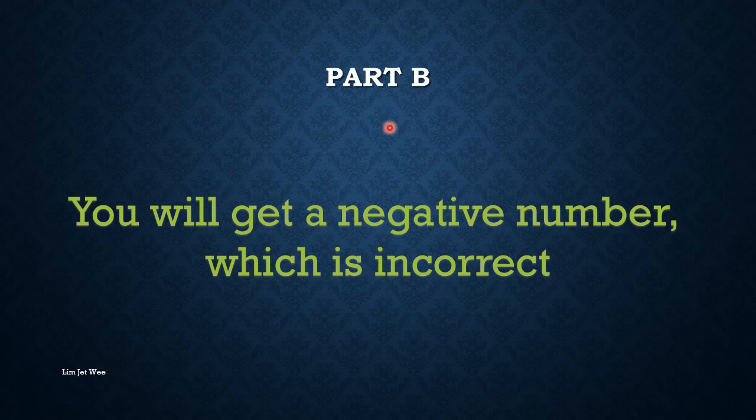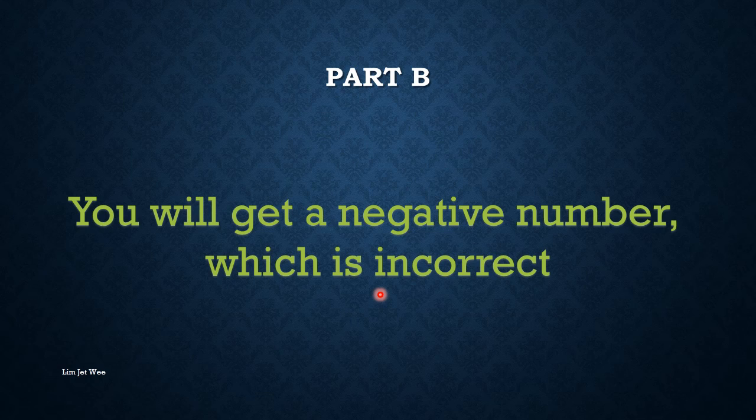Part B asks you to take the end number of the odometer and subtract the start number of the odometer, which is definitely incorrect because the end number is only 200 plus, while the start number is 99,900 plus.